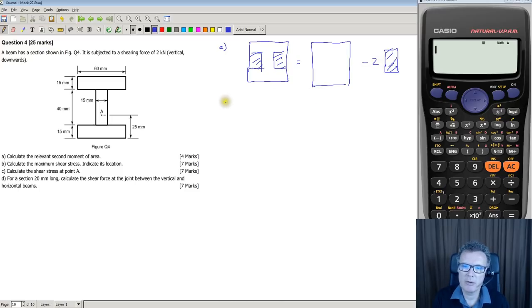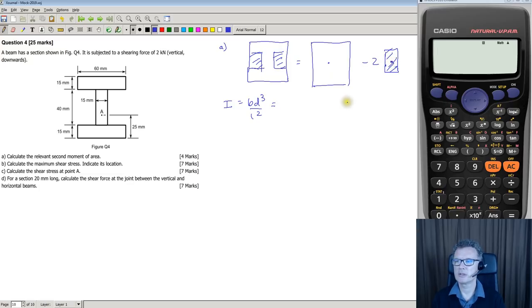So your second moment of area formula is I equals b d to the power 3 over 12. Hopefully you should know that without the formula sheet. I'll work in millimeters because it's more convenient. Okay, so looking at my big box, the only reason I can do this is because it's symmetric. So I know my neutral axis is bang in the middle. I've got no parallel axis theorems to worry about.